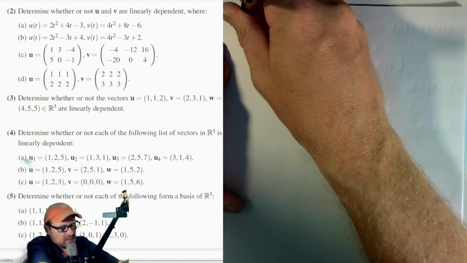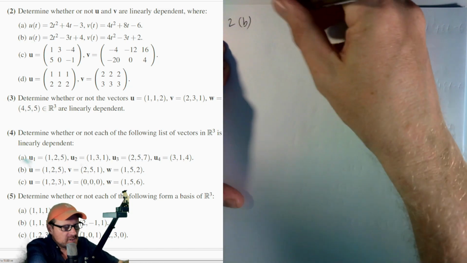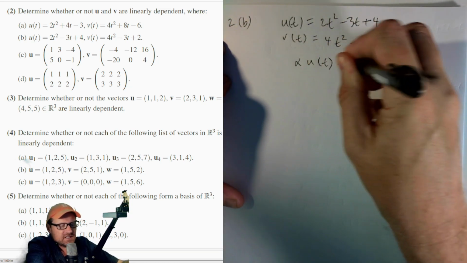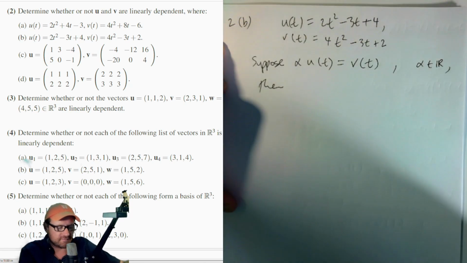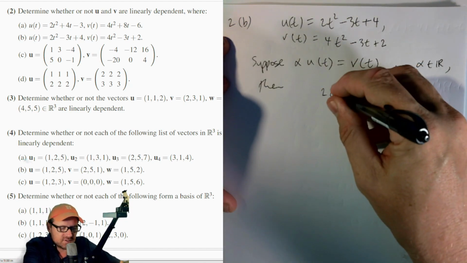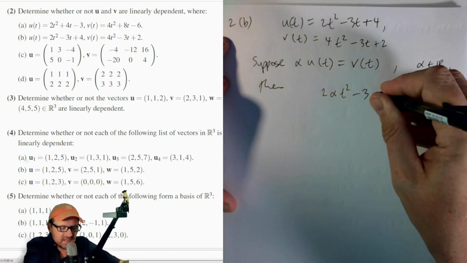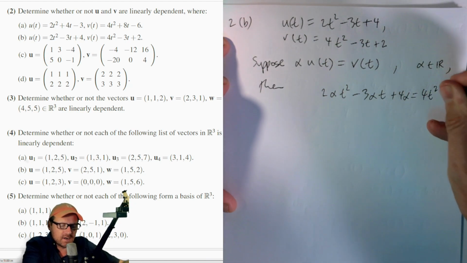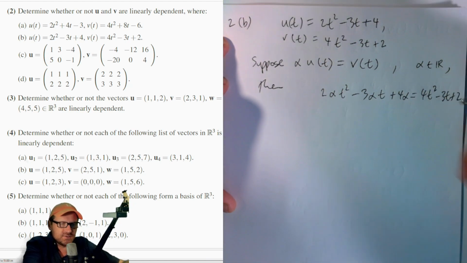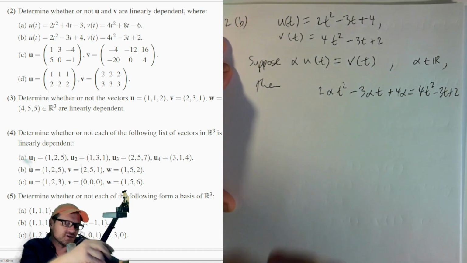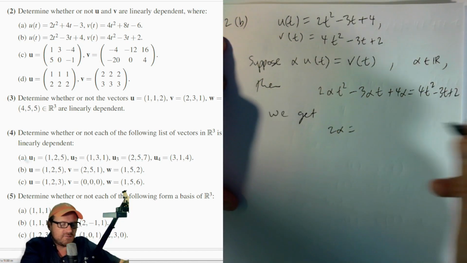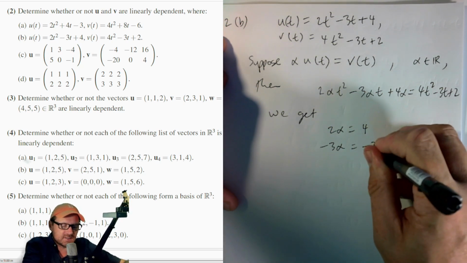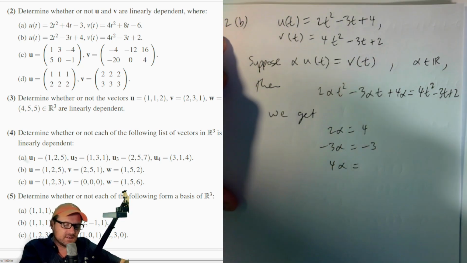Okay, 2b. Again, we have two polynomials, so let's suppose that alpha u of t is equal to v of t. Then 2 alpha t squared minus 3 alpha t plus 4 alpha is equal to 4t squared minus 3t plus 2. Matching coefficients, we get 2 alpha is 4, -3 alpha is -3, 4 alpha is 2.